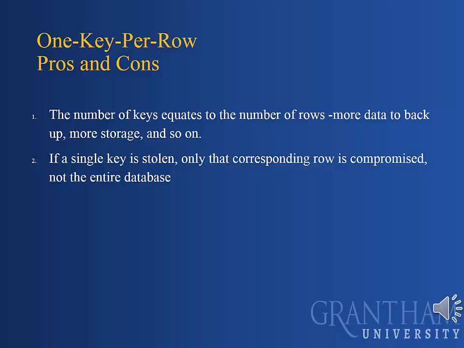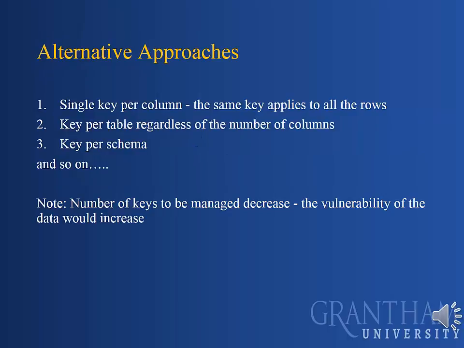If you compare it to the single key being stolen, though, if you have one key per row, if the key is stolen, then only that corresponding row is going to be compromised, not the entire database. So overall, you have a more secure database system, but once again, it's more complex and it's going to require more resources.